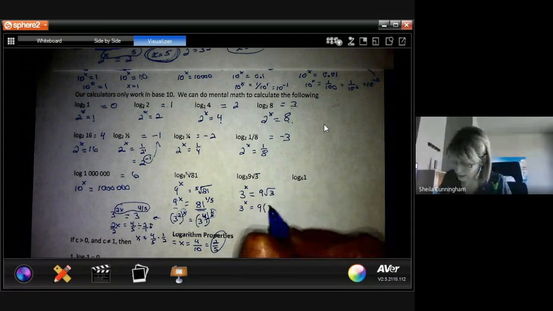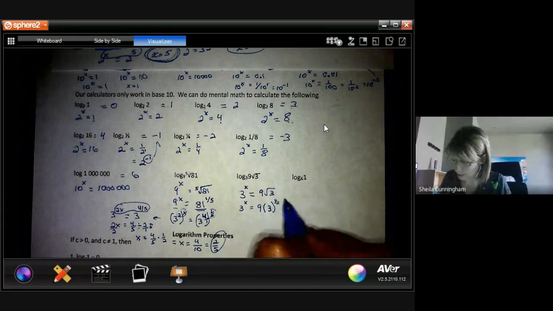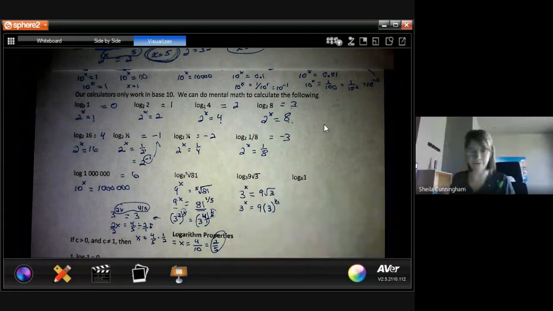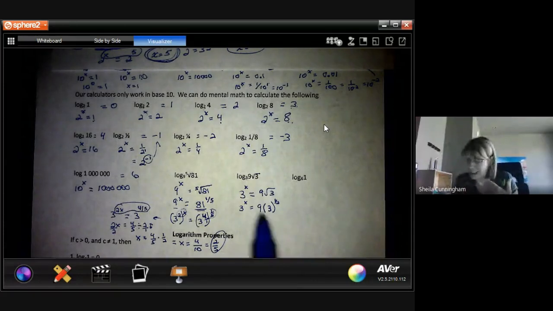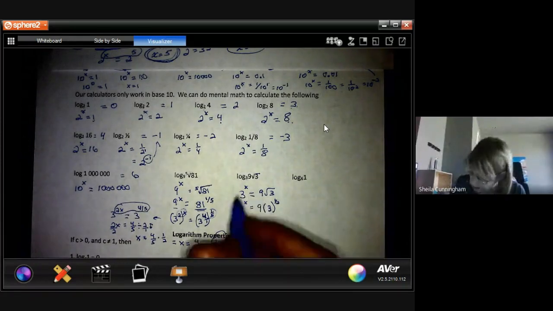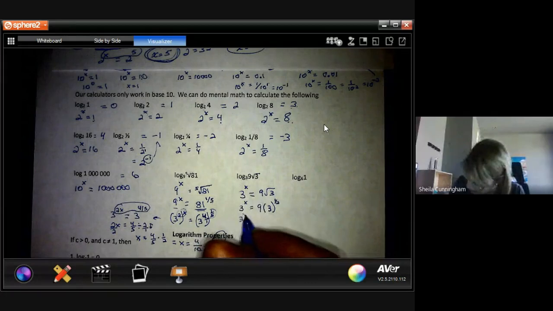That's the same as saying 3 to the power of 1/2. So that got rid of the square root and brought that 3 to a kind of whole number base. Problem is I've got a 9 here. I need to address that too, because that's not a base of 3 yet. So we need to fix that.